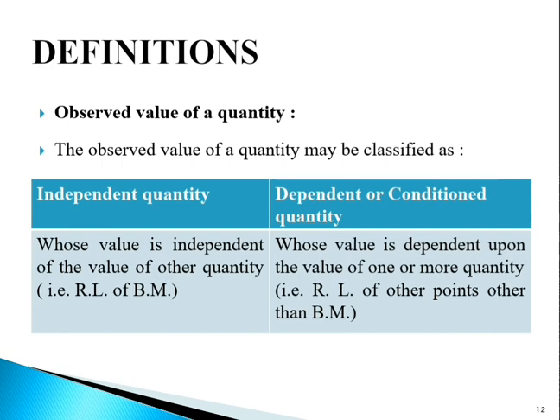In this condition equation, any two angles may be regarded as independent and the third as dependent or conditioned. For example, C is equal to 180 degree minus (A plus B). So this is about the observed value of a quantity.